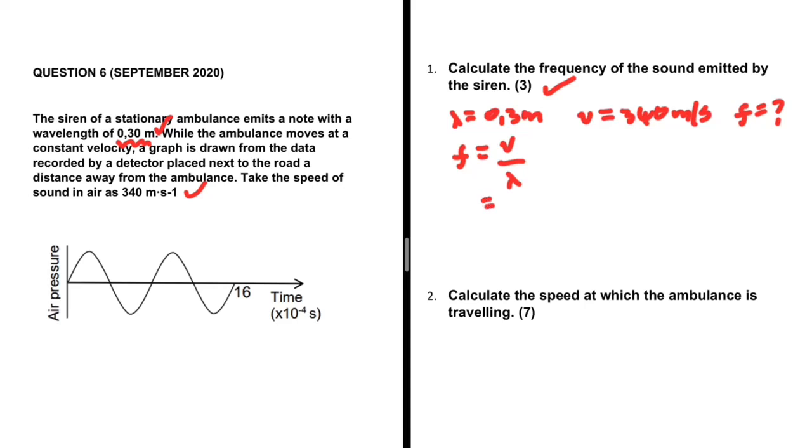So the velocity, 340 meters per second, and then the wavelength, it's said to be 0.3 meters. So 340 divided by 0.3, I am getting 1133.33 hertz. This is the frequency of the sound emitted by the siren, our Fs.